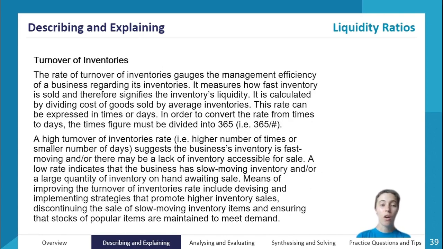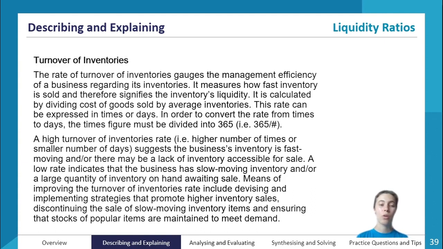Now, turnover of inventories, so a similar idea, except in terms of inventories instead of accounts receivables. So the management efficiency of a business in terms of its inventories, how fast the inventory is sold, and the liquidity of that inventory.